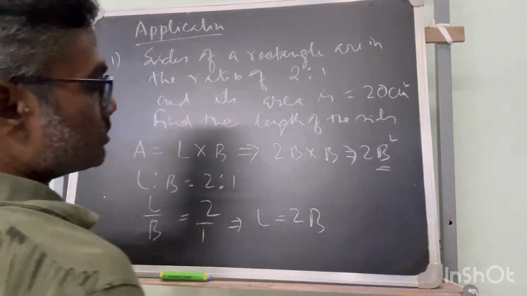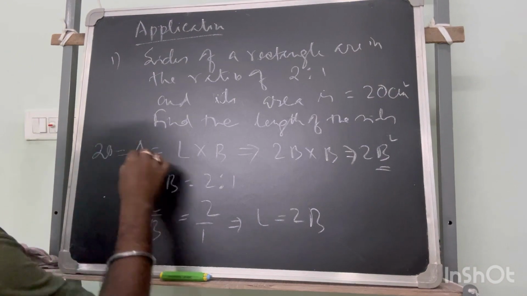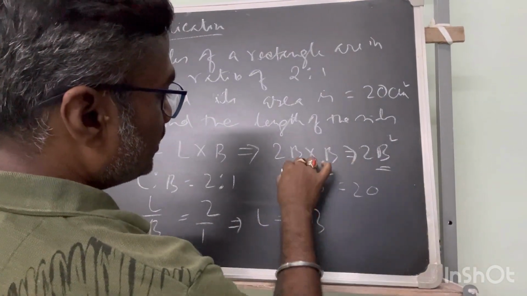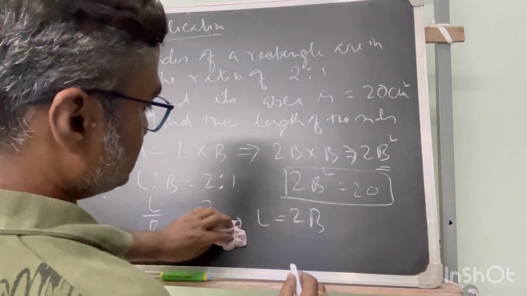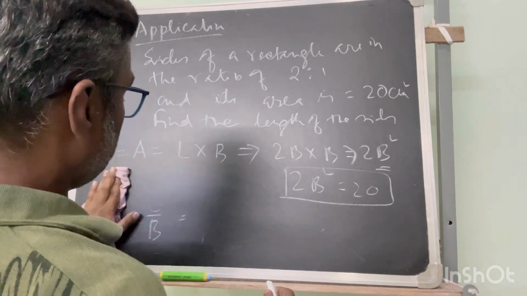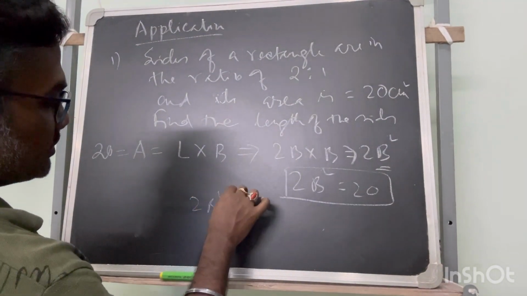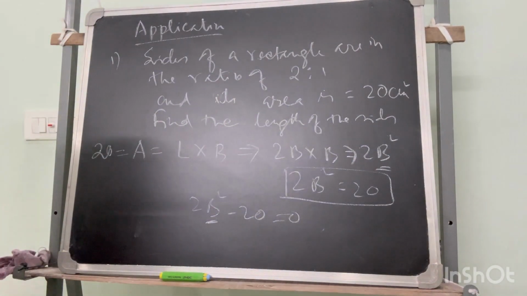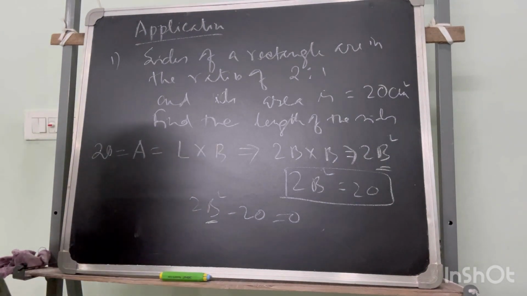Now see, it is of order 2, and here the area is given as 20. Now 2b square is equal to 20 is definitely an equation, because this can be solved with some specific value of b, and I will get only two possible values of b. How?